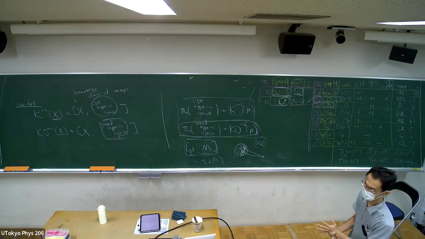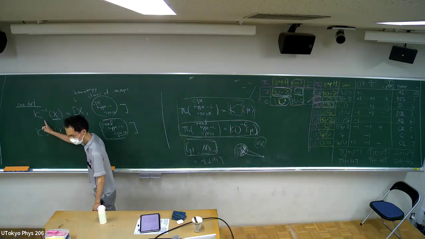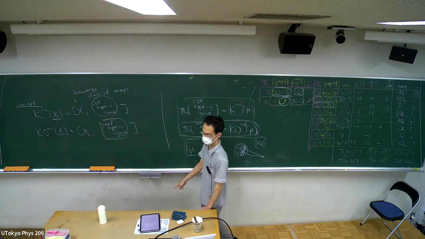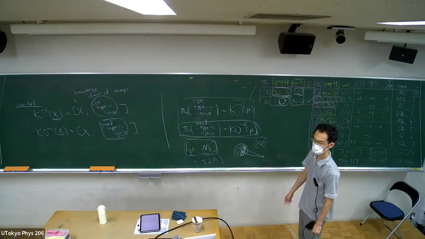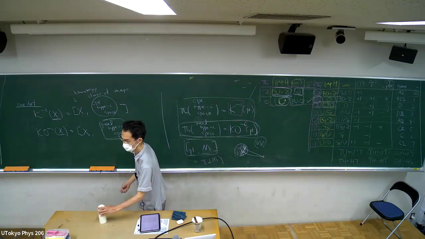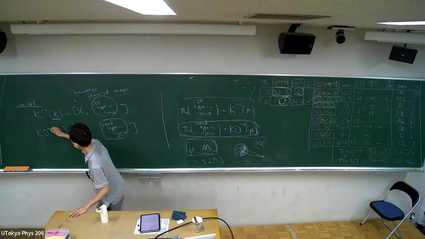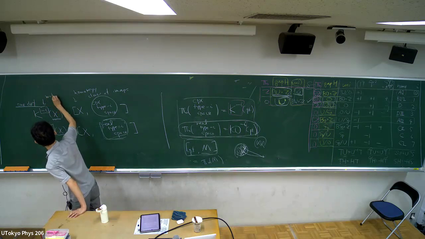Right. So that's the definition of K, one definition of K and KO. Just run from 0 to... So this is take mode 2.